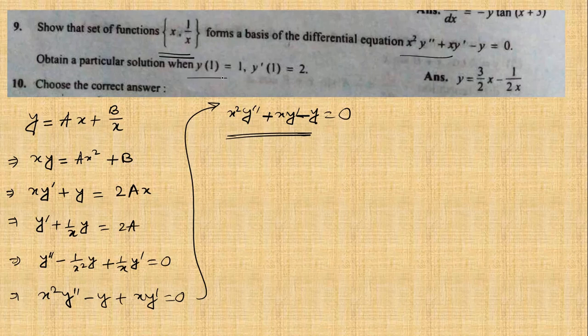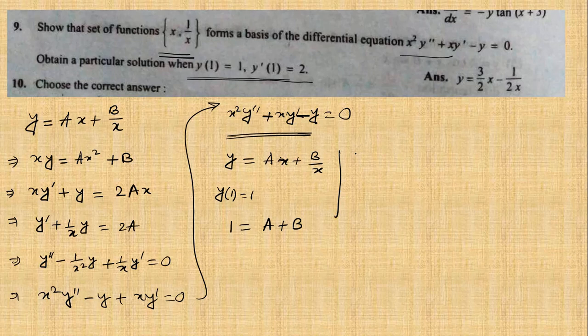Obtain a particular solution for the given conditions. So y is equal to ax plus b by x. Put the value y(1) equals 1. So 1 equals a plus b. And another one, dy/dx: y prime is nothing but a minus b by x square.